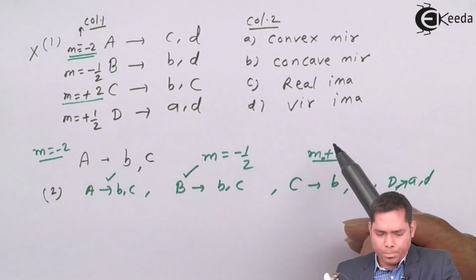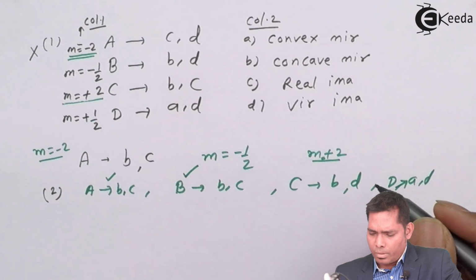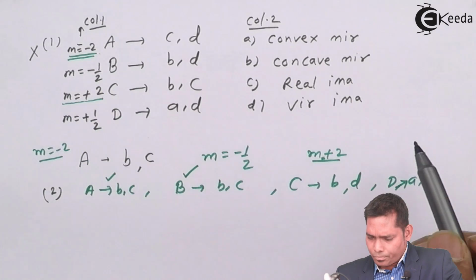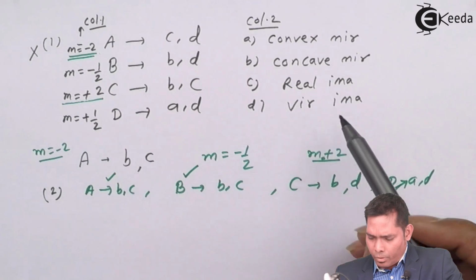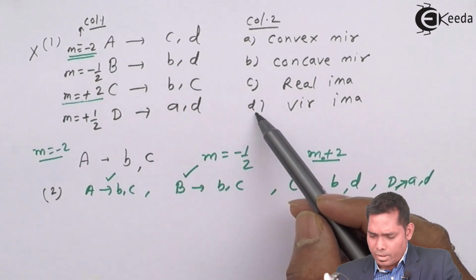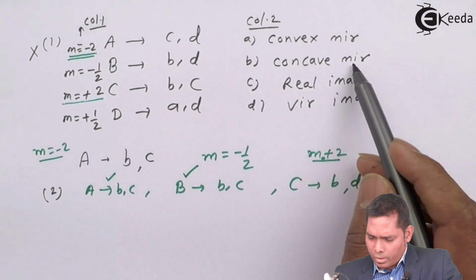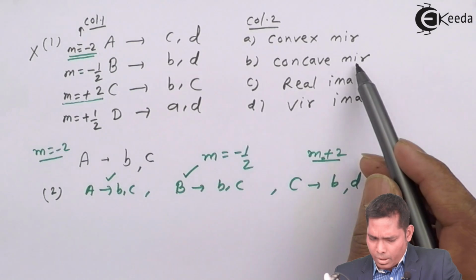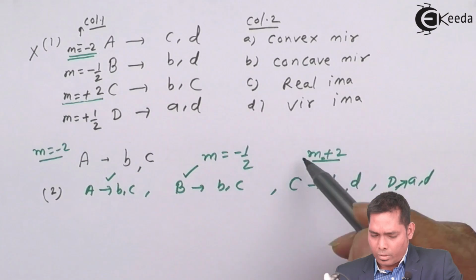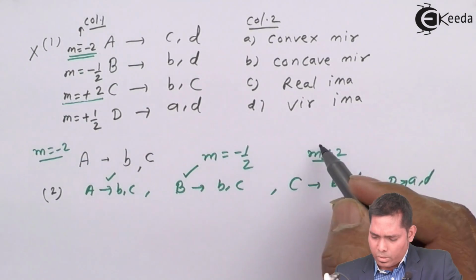We know that when this is positive, we have a virtual image, and a virtual image is D. M positive, virtual image, D is correct. And we also have the concave mirror, because the value is greater than 1, a magnified image we are getting there. So this part is also okay.